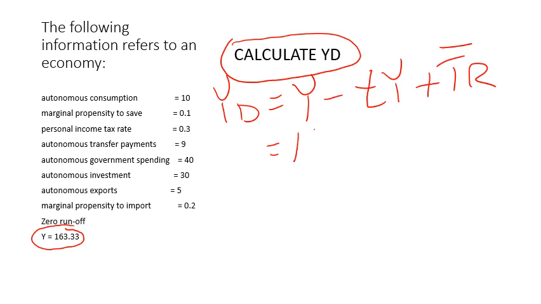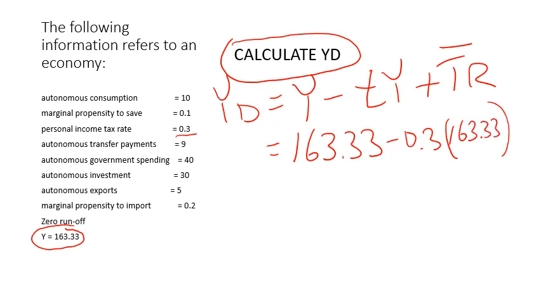Y is 163.33 minus what's the personal income tax rate? 30%, 0.3 times 163.33, and then we add to it the transfer payments.